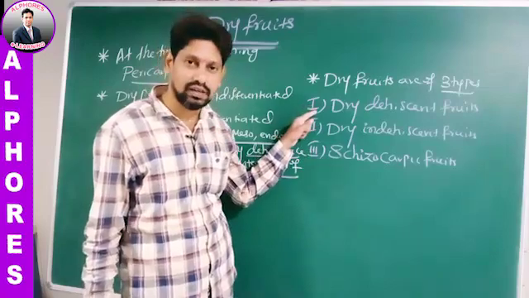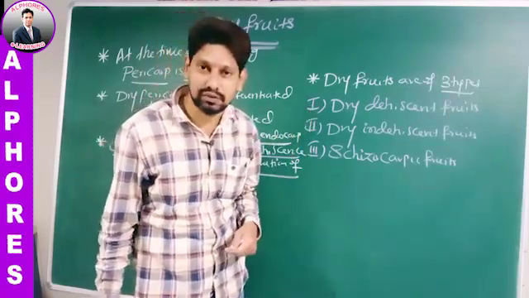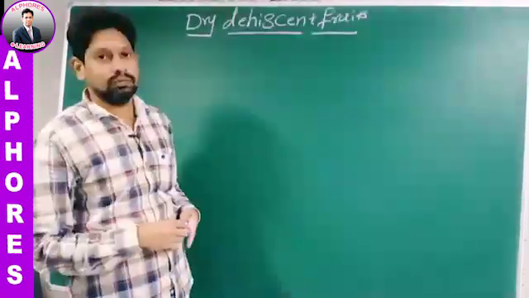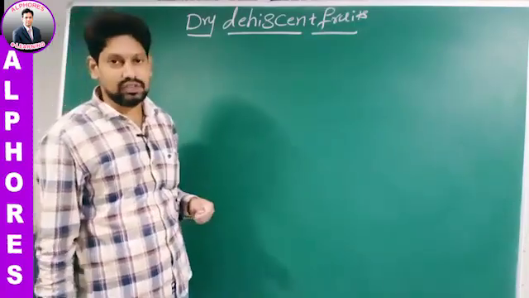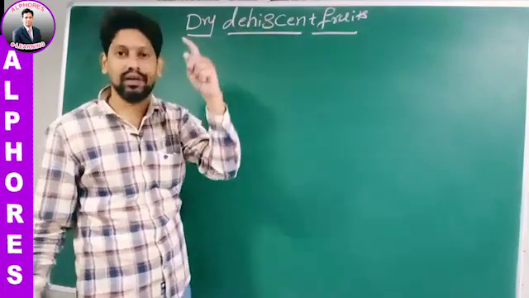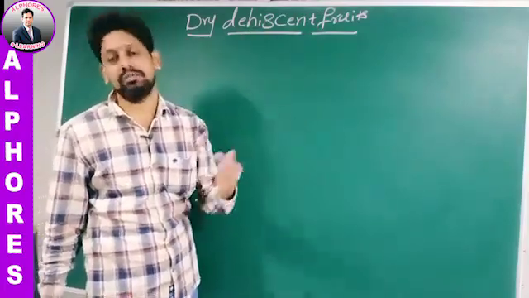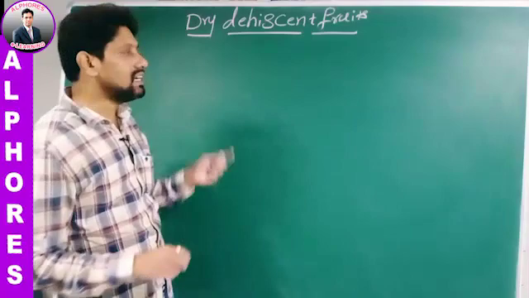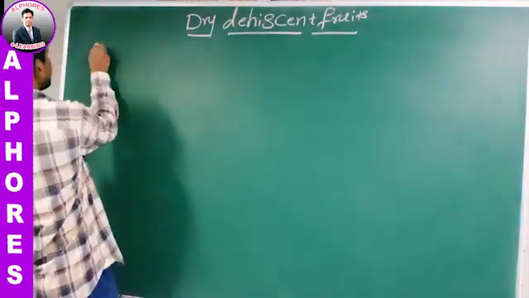Go for the first one. What is it? Dry dehiscent fruits, right? The name itself indicates it means the fruit dehisces, means the fruit breaks, and then the seed comes out. Therefore, seeds are liberated by dehiscence of the fruit.